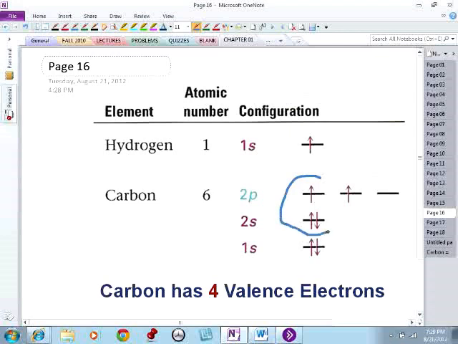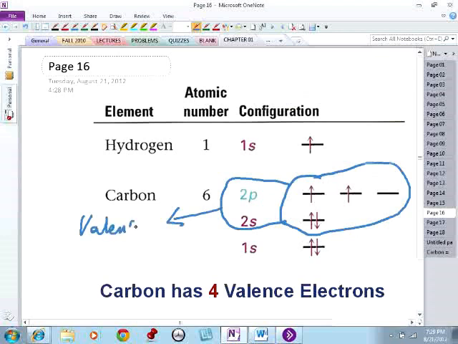Those electrons that you find in the last energy shell that contains electrons, which is the p orbitals here, we refer to this as the valence shell.